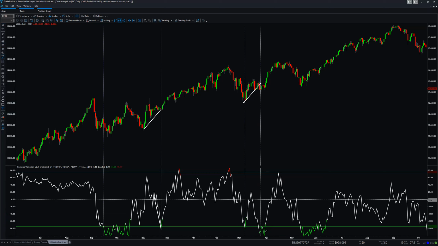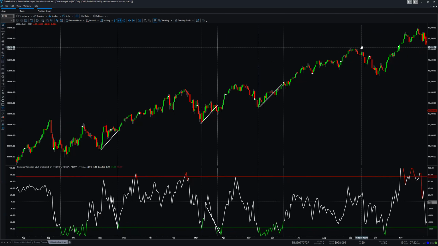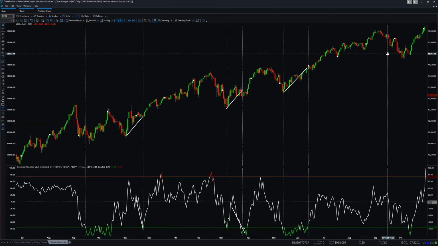We were undervalued here, we're getting undervalued again, and then we're undervalued here and we stay undervalued. Again, very rare setup. We go into all-time highs, and then we get that rare setup again. So it's going to be very similar on how this works, as we saw on Apple.